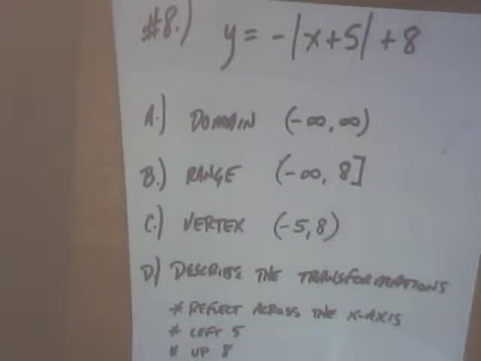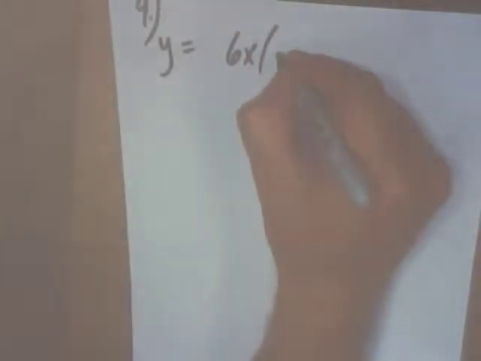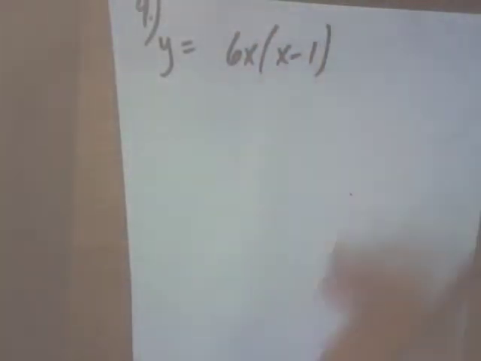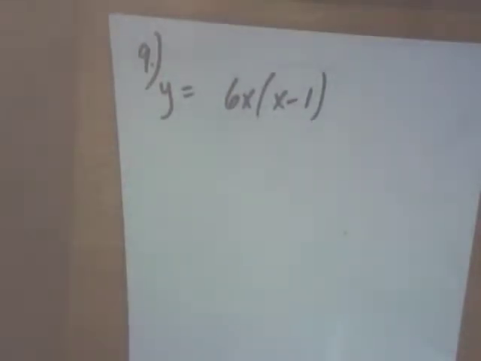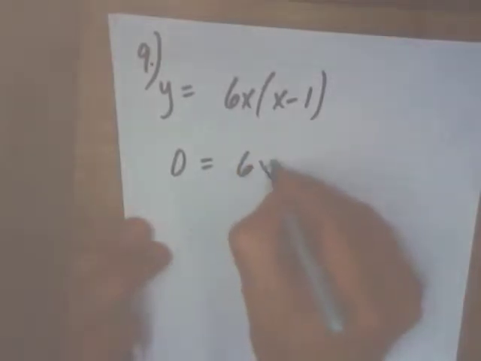Okay, number 9. All right, it wants to know what the zeros are. So we just replace the y with 0.